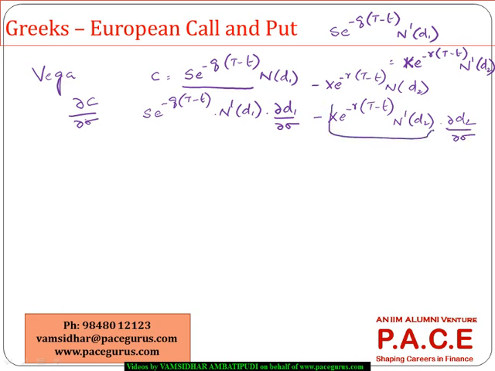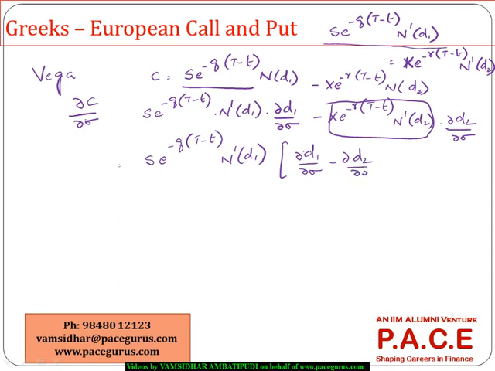Again, this entire thing I can represent as S e power minus q (T minus t) N dash d1 into dou d1 by dou sigma minus dou d2 by dou sigma. This is what typically comes up.